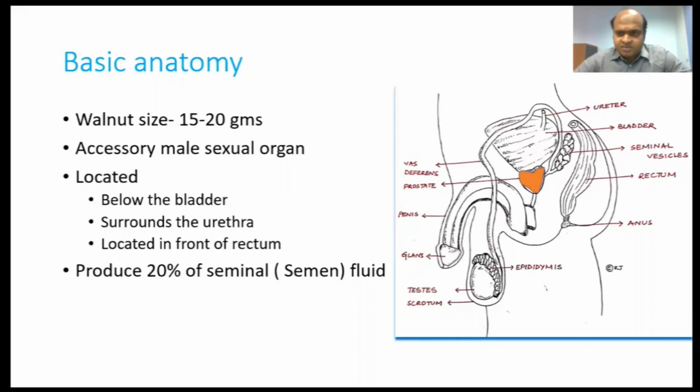The function of the prostate is to produce a white color fluid, which is added as 20% of the volume of the semen, that is 20% of the seminal fluid.